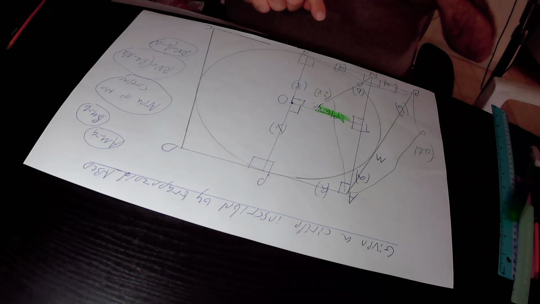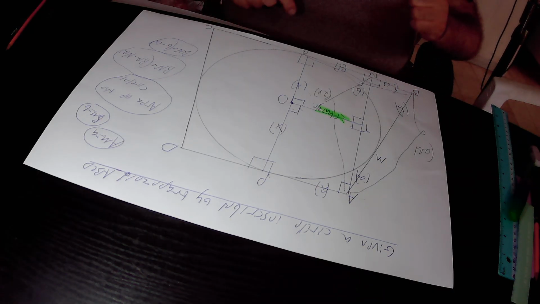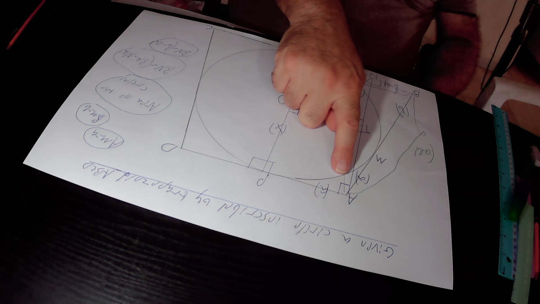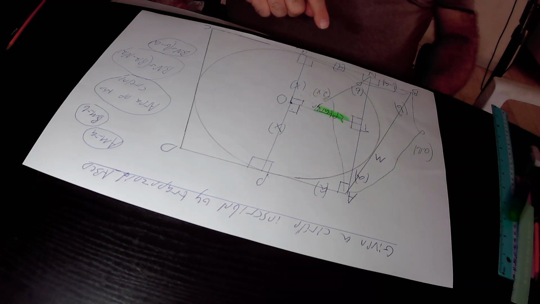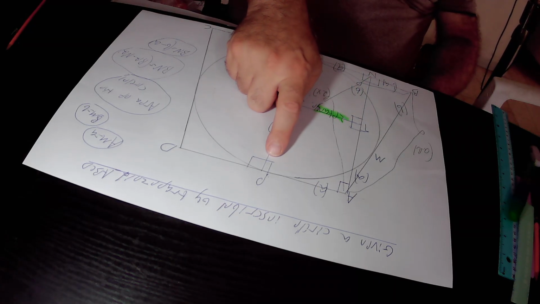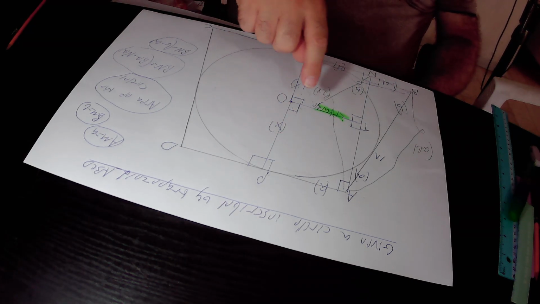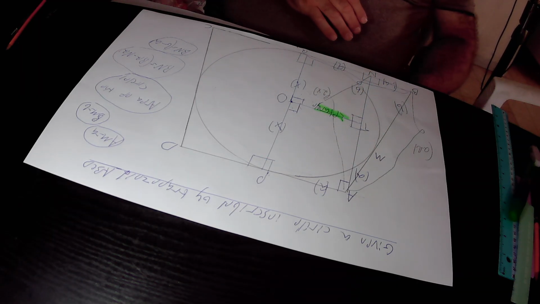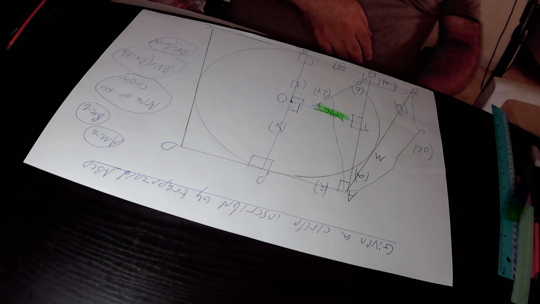So again, this angle equals 90 degrees according to Rule 17. This angle equals 90 degrees according to our construction, and this angle equals 90 degrees according to Rule 1. So in total, inside the small quadrilateral APOT, we have 3 right angles. The sum of 3 right angles is 270 degrees.